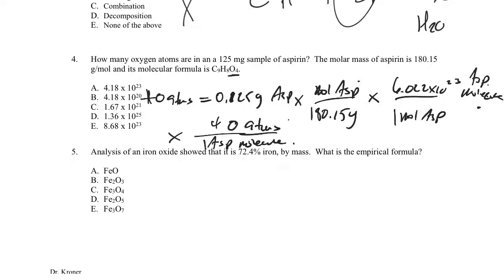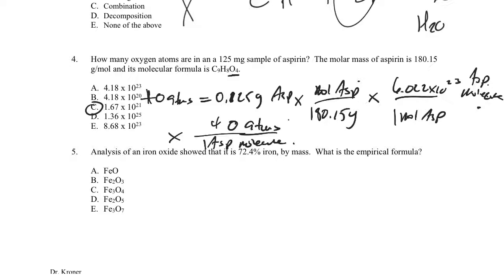Each one of the molecules contains 4 atoms. So we do this arithmetic, 0.125 divided by 180.15 times 6.022 times 10 to the 23 times 4 goes to 1.67 times 10 to the 21. So it ends up being C.